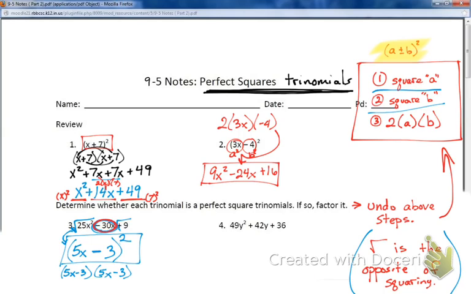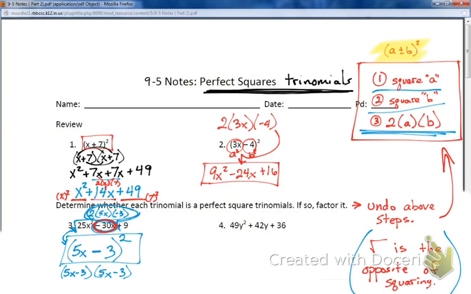I knew that this negative 30x was the correct term because, again, you have to think about this last piece up here, which is the middle piece, 2 times a times b. So is 2 times your a, your 5x, times b, which in this case is your 3, or more importantly, negative 3 that we now know because that middle sign was negative.